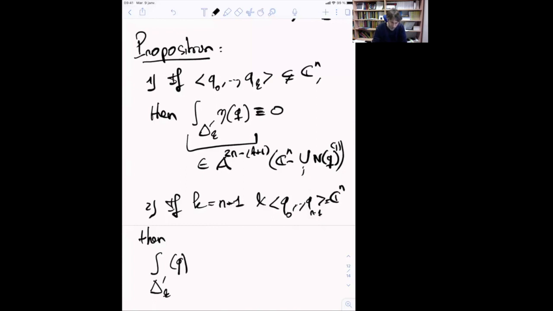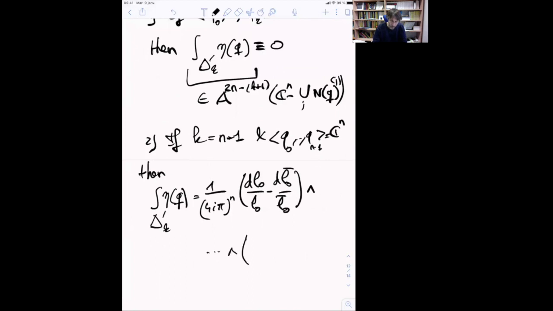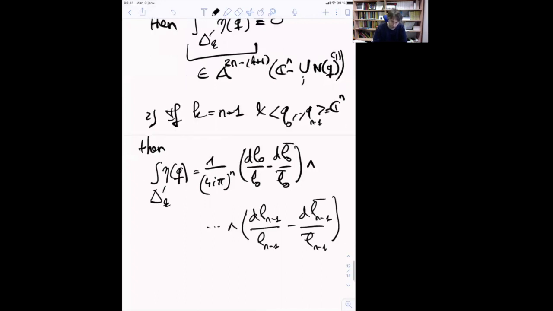is of eta of q, sorry, eta of q is 1 over 4i pi to the n, dl naught over l naught minus dl naught bar over l naught bar, wedge up to dl n minus 1 over ln minus 1 minus, and this again is a form of degree n now on Cn minus all the hyperplanes.